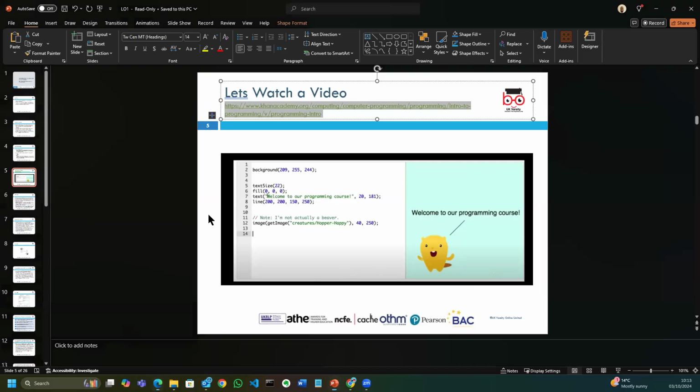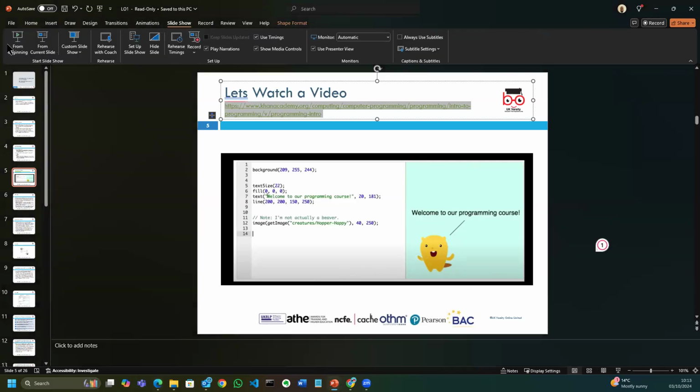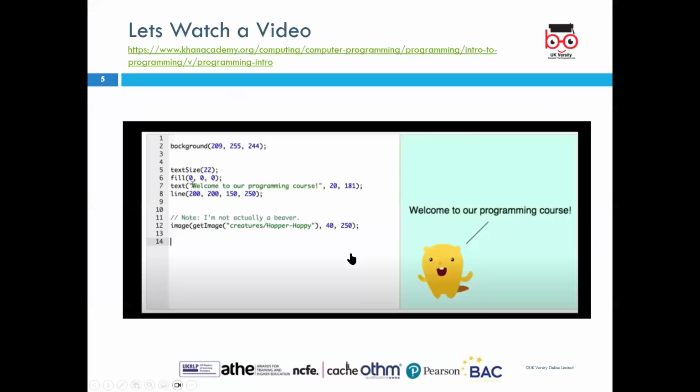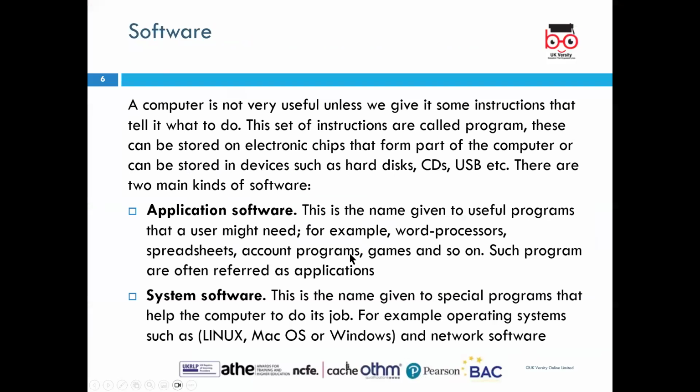Okay, so the video explained how cool it is to learn programming. And what we have to know is that there are various types of programs. So we have application software and system software. Application software, we come across loads of times, because we use application software everywhere.